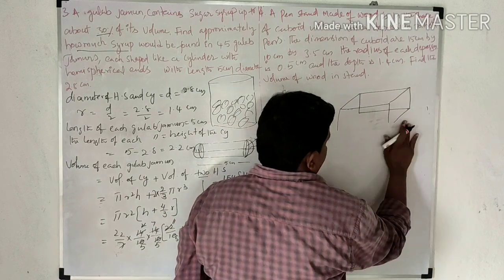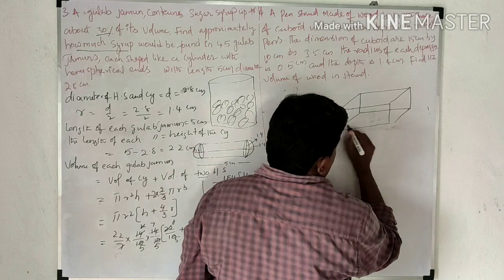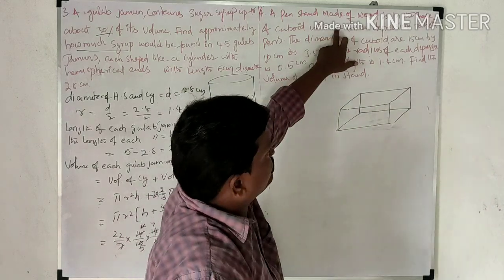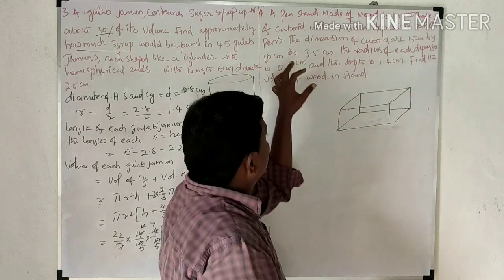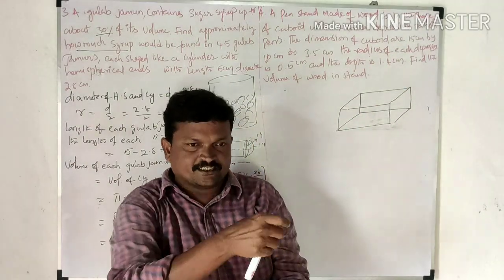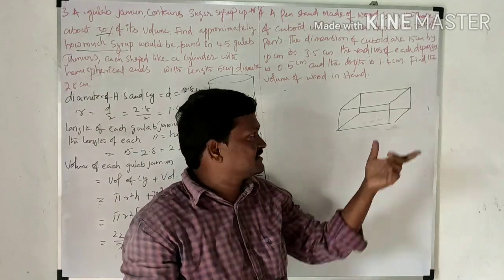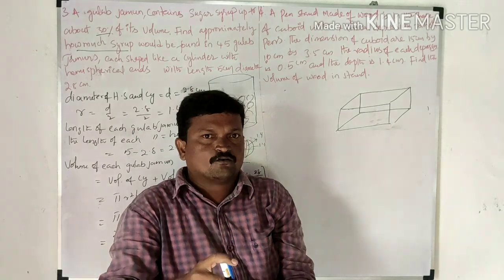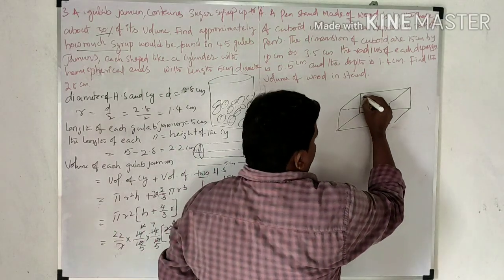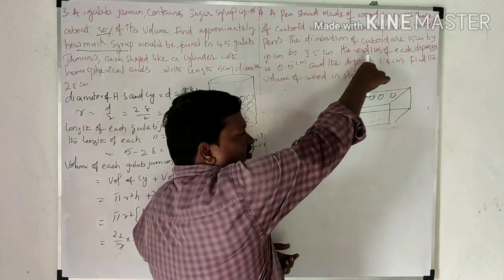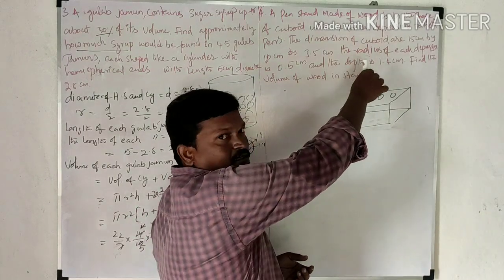Okay, on this cuboid, there are 4 conical depressions to hold the pens. I think you saw pen stands will be there. That pen stand is in the shape of a cuboid to hold the pens. How many holes are there? 4 holes are there. 1, 2, 3, 4 holes are there. In those holes they will place the pens.